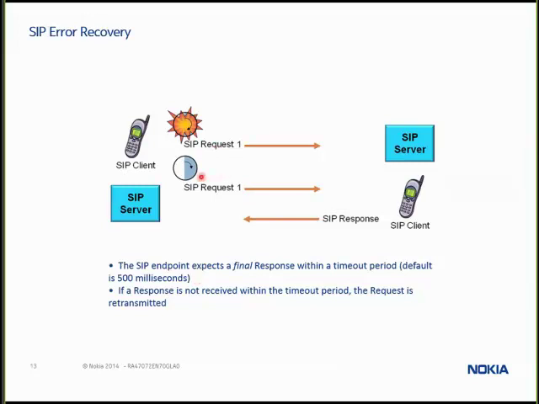If I do not receive a SIP response within half a second, then I will typically resend it until I get a response. Now, there will be timeouts for the whole call time. Again, all configurable by your network administrator.